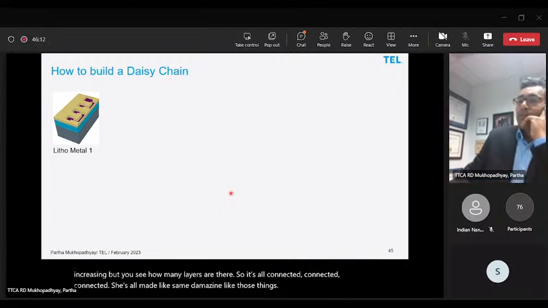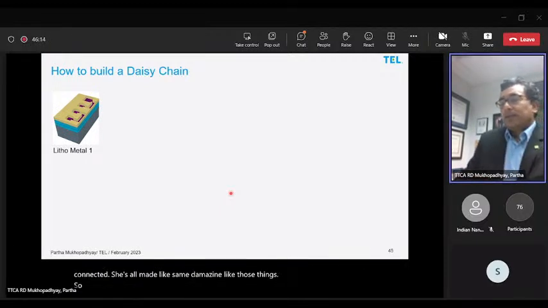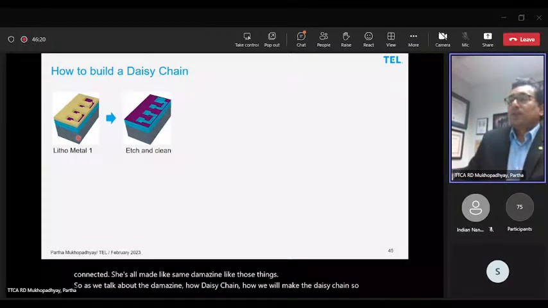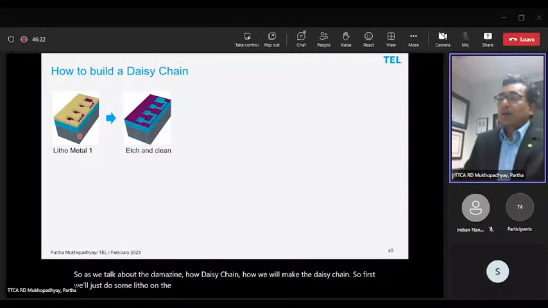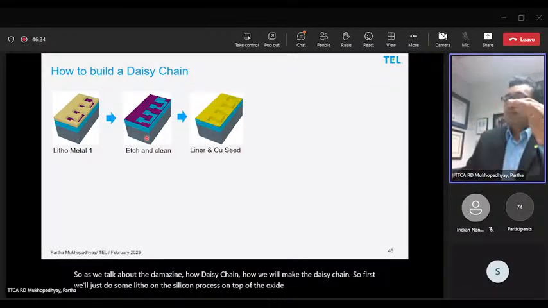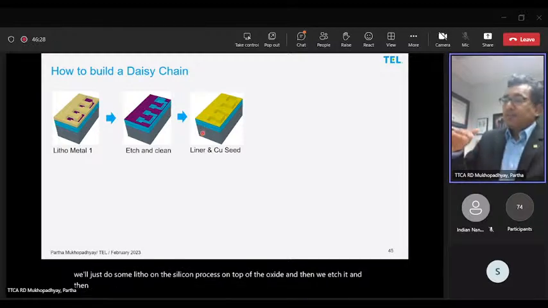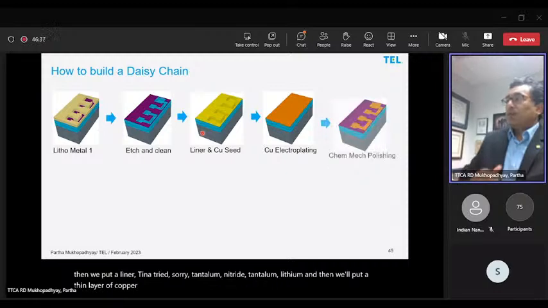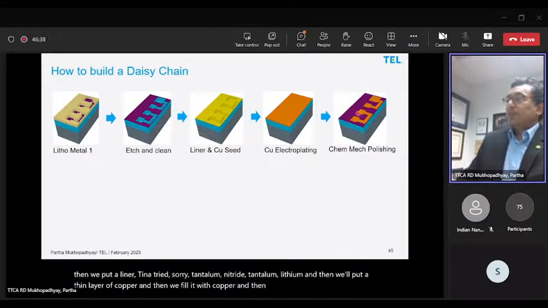So as we talk about the damascene, how will we make the daisy chain? First we'll just do some litho on the silicon process on top of the oxide, and then we'll etch it, and then we put a liner, tantalum nitride, and then we'll put a thin layer of copper, and then we fill it with copper, and then do the CMP, and then we get the structure.